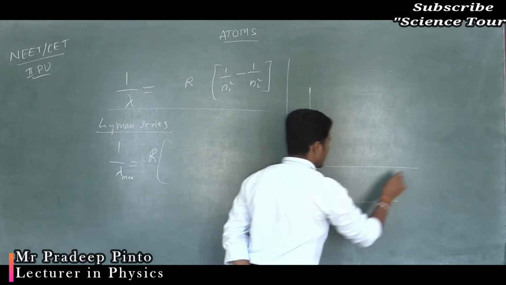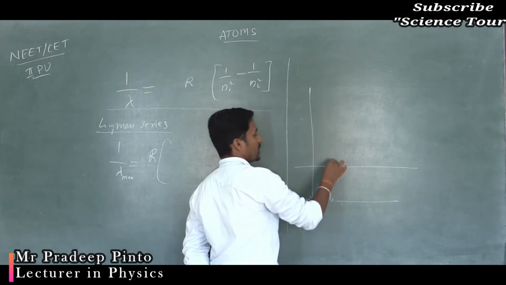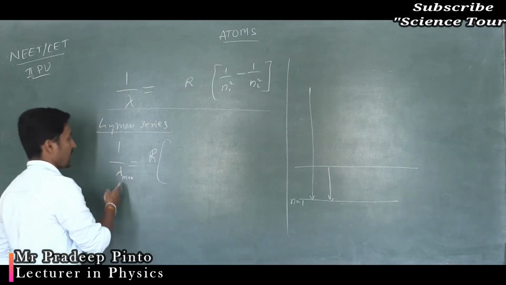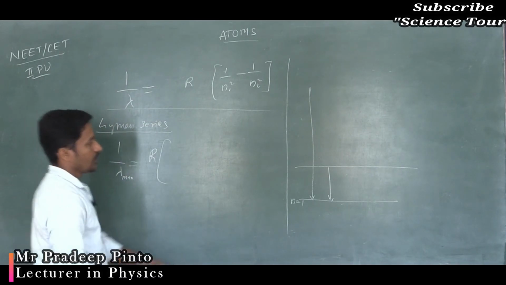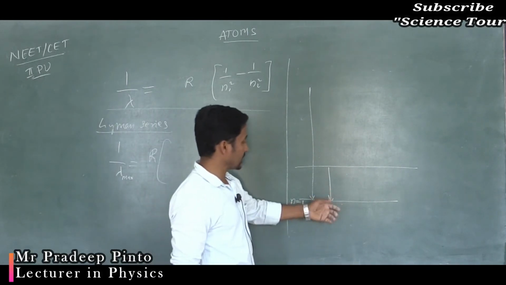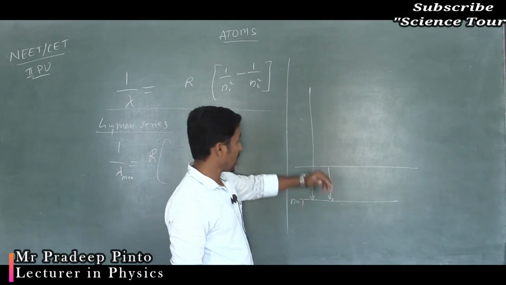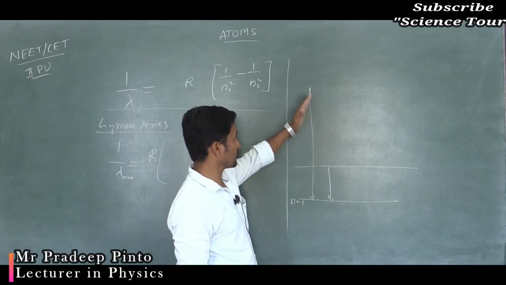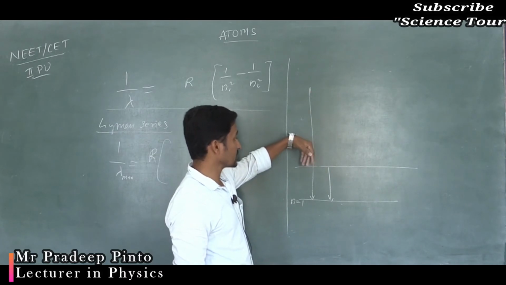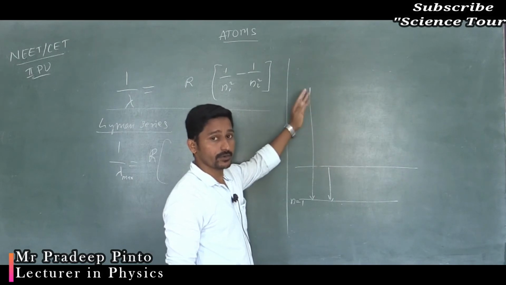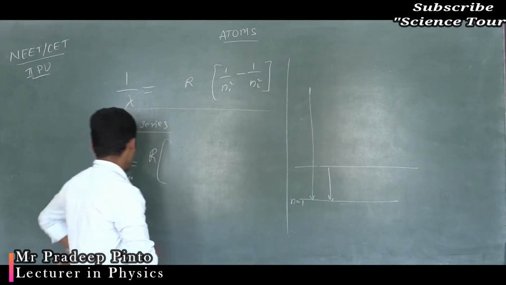Maximum wavelength I will get when the electron jumps immediately from n2 to n1. So remember, maximum wavelength I can get only from n2 to n1, and minimum wavelength, for the maximum frequency, I can get from infinity to n.